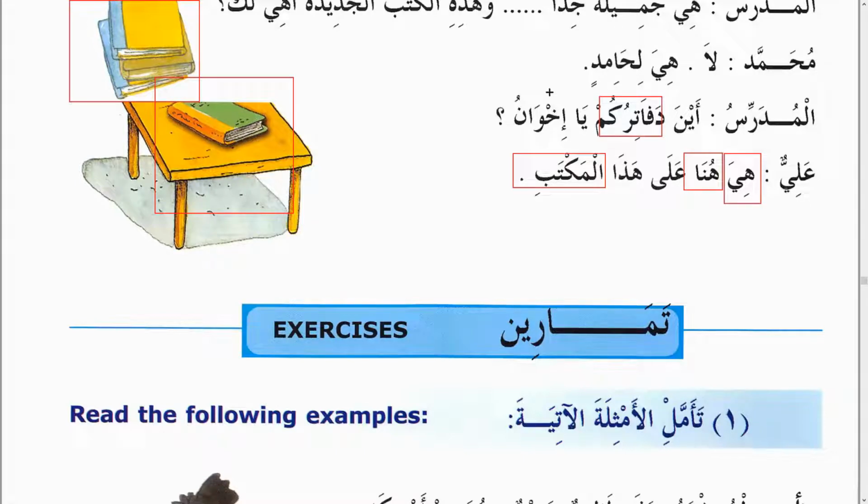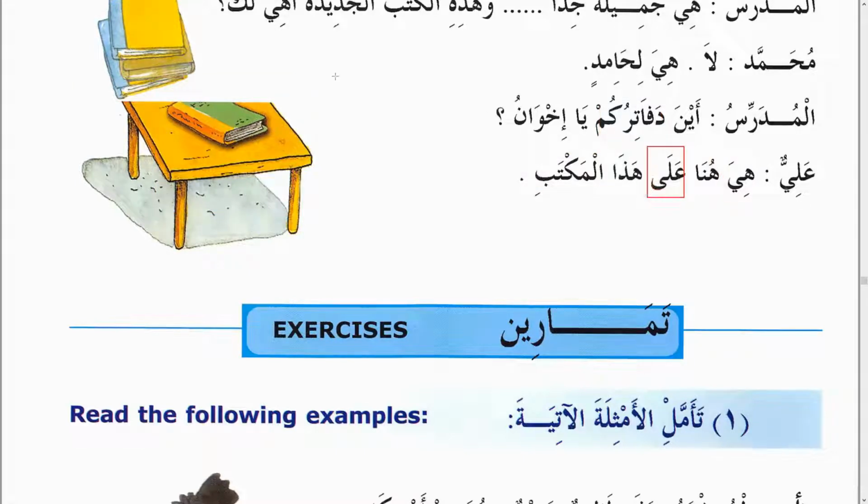Maktab is table, right? And because of ala, the effect is that this became majroor, but it doesn't show because this is a fixed word. It's called mabni. Mabni words don't show their signs. It should actually be ala hadha, it should become kasra, but it doesn't happen. So what happened? The word after it is called badal.